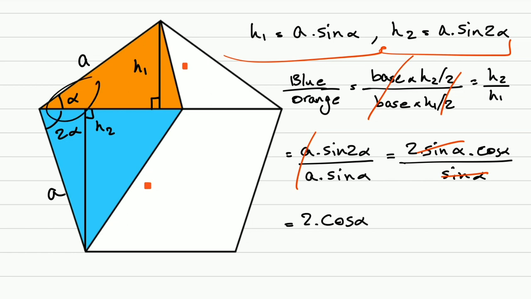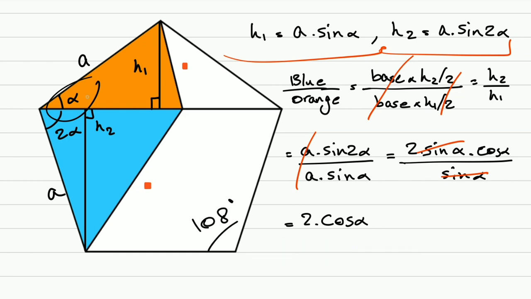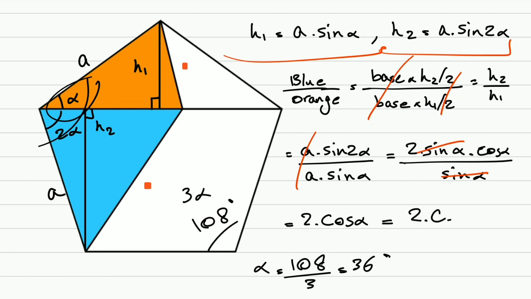What is alpha? Do we know that? The size of each angle in a regular pentagon is 108 degrees, and as we defined it, it's equal to 3 times alpha. So alpha must be 108 over 3, and that's 36 degrees. So the ratio of the areas must be 2 times cosine 36 degrees.